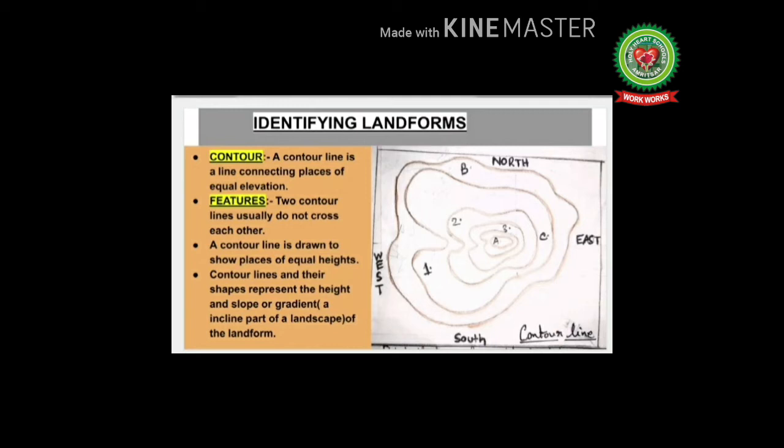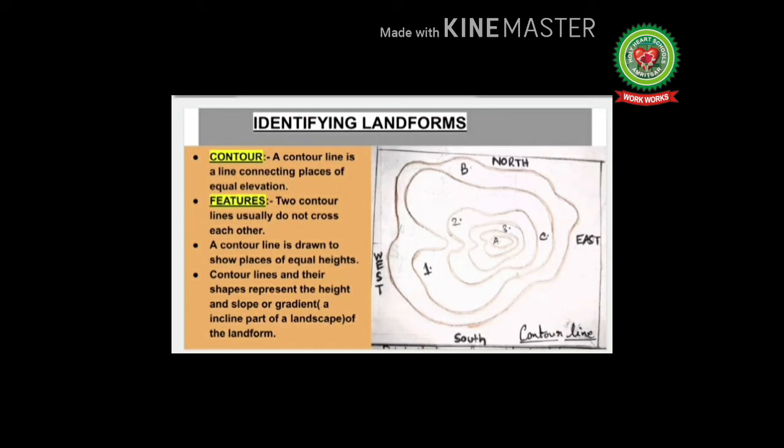The contours are drawn on the basis of actual surveys done in the field. The surface of the earth is not uniform. It has mountains, hills, plateaus, valleys, waterfalls, seas, lakes, etc. These are the features representing the elevation and depression on the earth's surface. These are technically known as the relief of the earth.